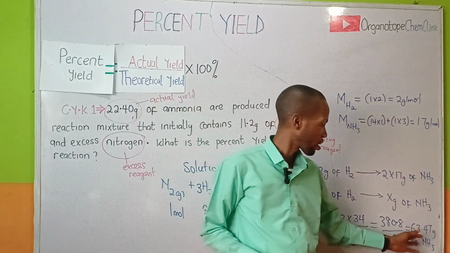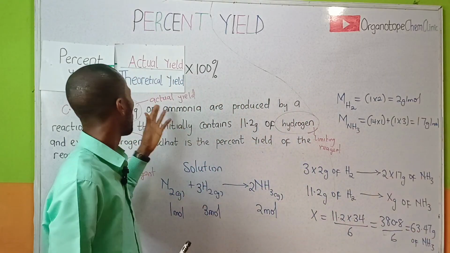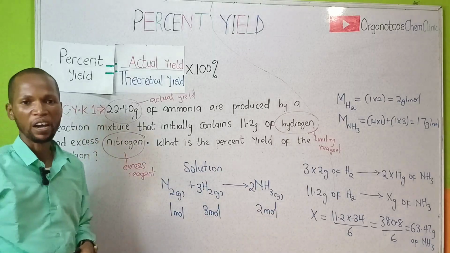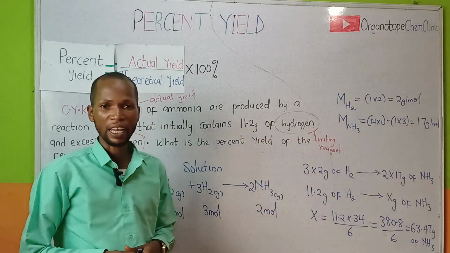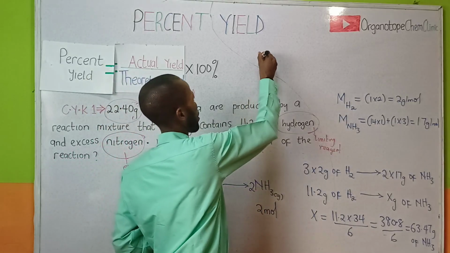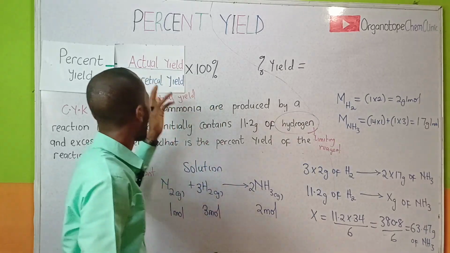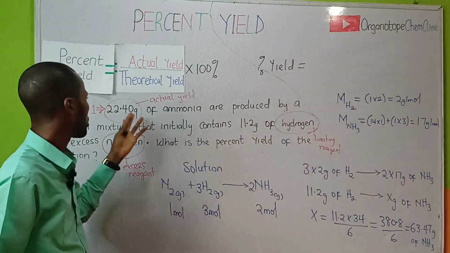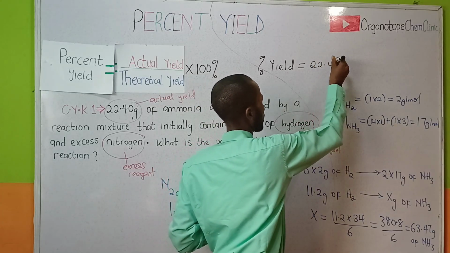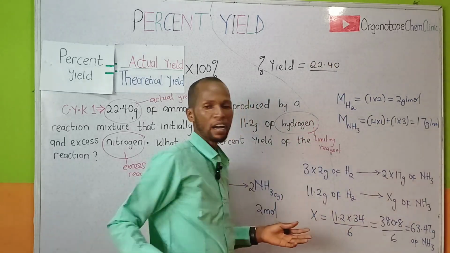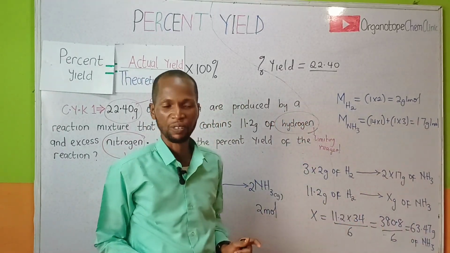Moving on, since we have the theoretical yield as 63.47 grams of ammonia and the actual yield is 22.4 grams of ammonia, can we determine the percent yield right now? We use the formula percent yield equals the actual yield. What is the actual yield? Yes, we have 22.4 grams over the theoretical yield that we got, which is 63.47 grams, times 100.